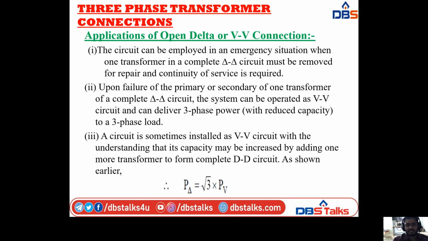A circuit is sometimes installed as a V to V circuit with the understanding that its capacity may be increased by adding one more transformer to form a complete delta circuit, as shown earlier.